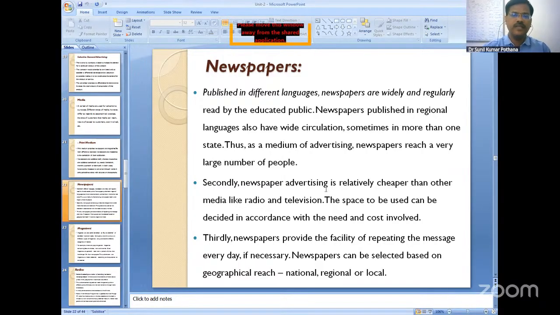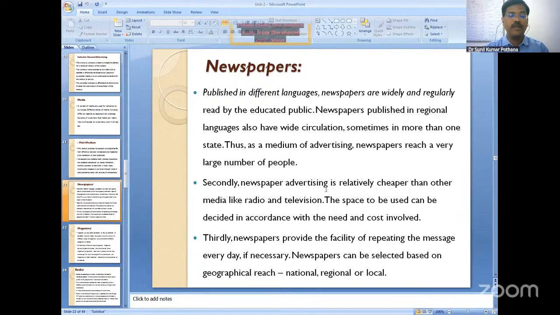It is generally compared with television. Television has no separate divisions. Television is common for the entire state or entire region, for the entire language which that news channel covers. So this is one kind of benefit for the newspaper.